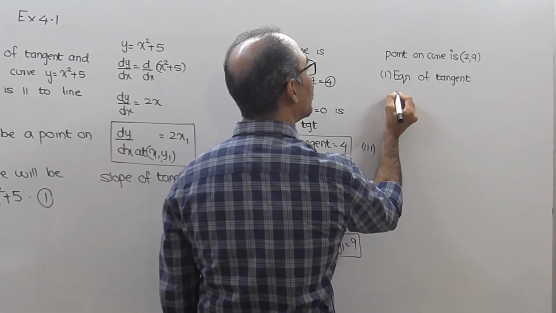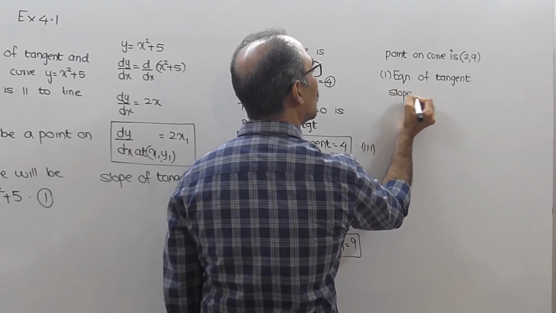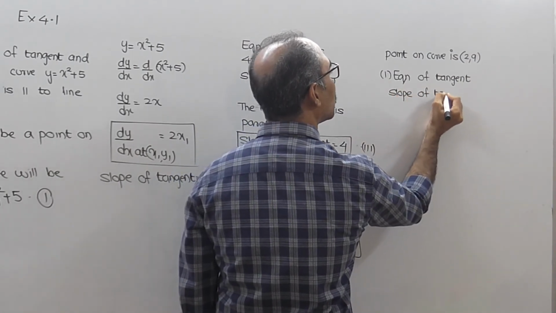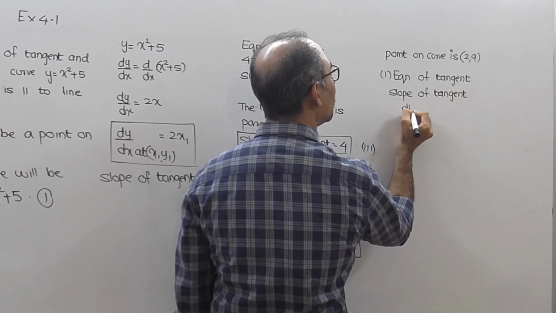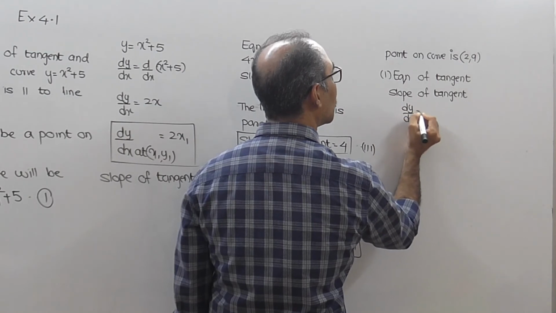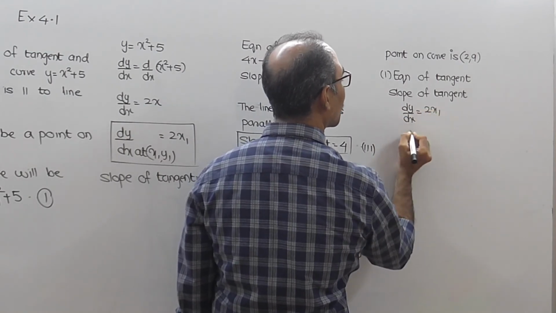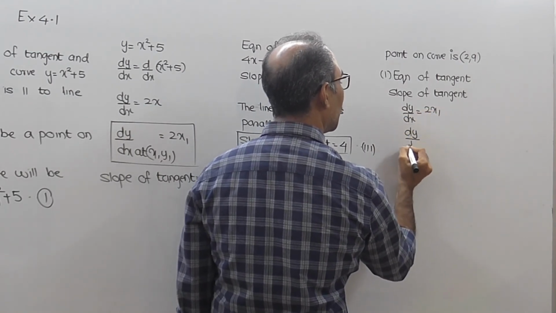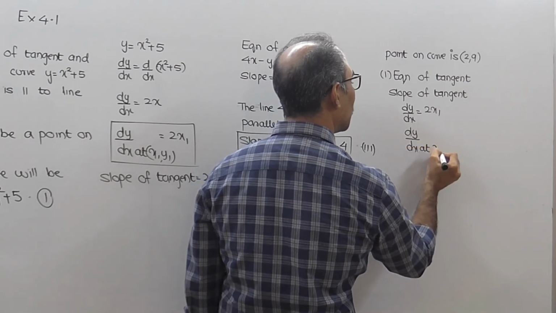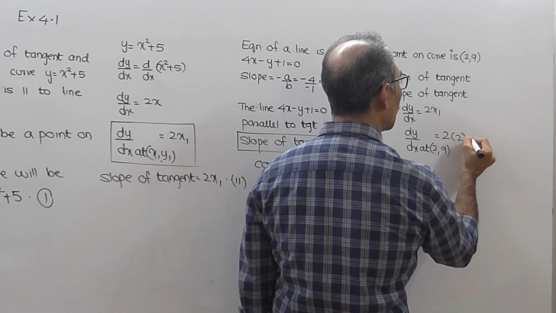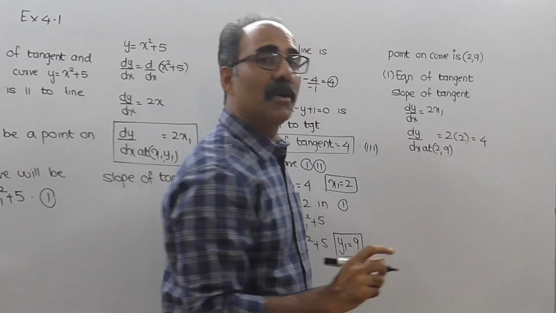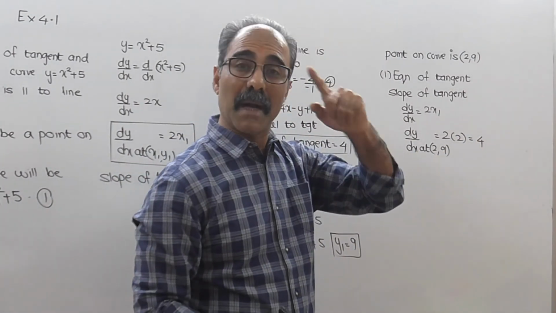So, for the equation of tangent, the first thing you need is the slope of the tangent. Can I say that the slope of the tangent was dy by dx, that was equal to 2x1. So you get dy by dx at 2, 9, that is equal to 2 into 2, and that is equal to 4. You can find the slope like this if you are smart.